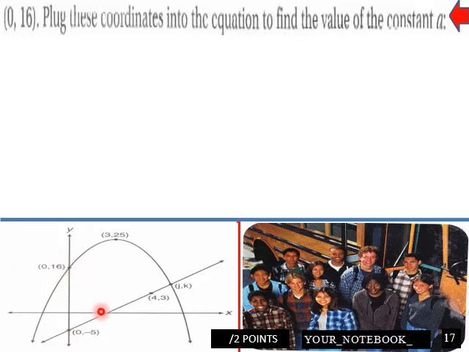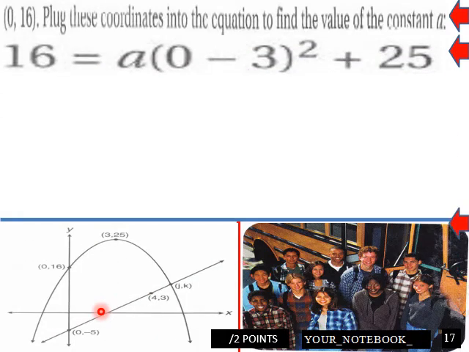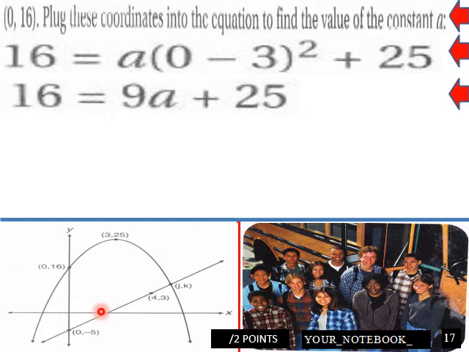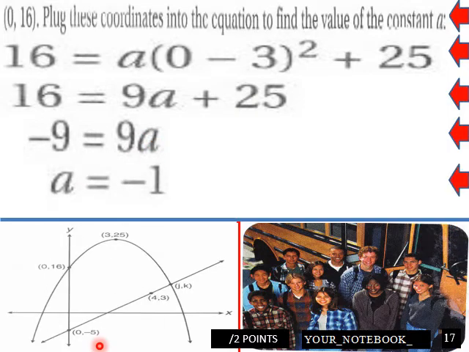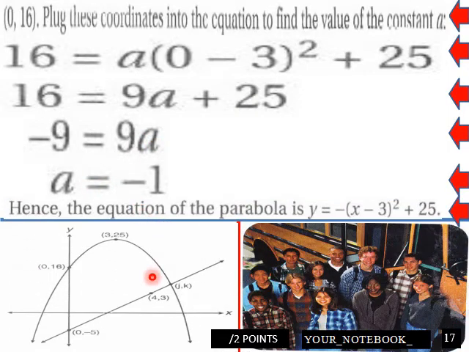Plug these coordinates into the equation to find the value of the constant a. So 16 equals 9a plus 25. Negative 9 equals 9a. So a would equal negative 1.